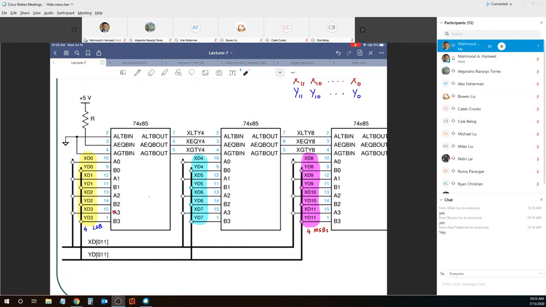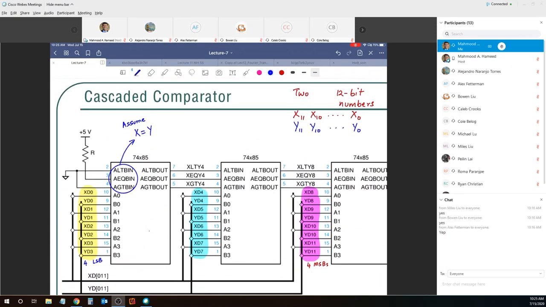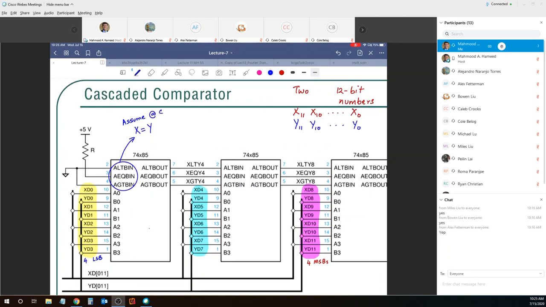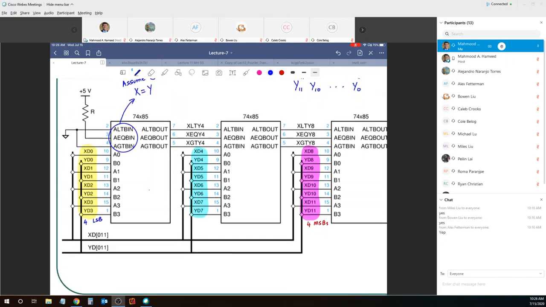Then we start comparing the new inputs, right? So we have assumed that A equals B, or in this case X equals Y, right? So we have assumed that. Assume at start X equals Y. Then we have these guys, X0, Y0, X1, Y1, X2, Y2, X3, Y3.